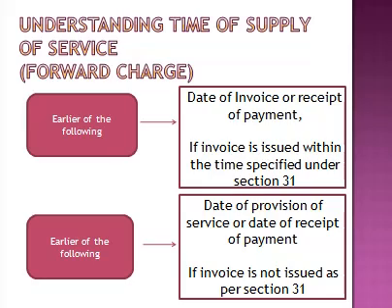For understanding the time of supply of services under forward charge, for supply of services on which the supplier is liable to pay tax, the time of supply will be the earlier of the dates arrived at by both of these methods: date of invoice or date of receipt of payment, whichever is earlier, if the invoice is issued within the time prescribed under section 31; or date of provision of services or date of receipt of payment, whichever is earlier, if the invoice is not issued within the time prescribed under section 31.